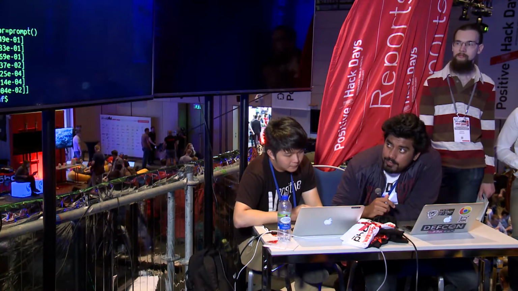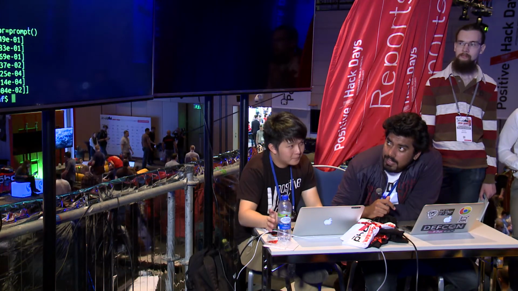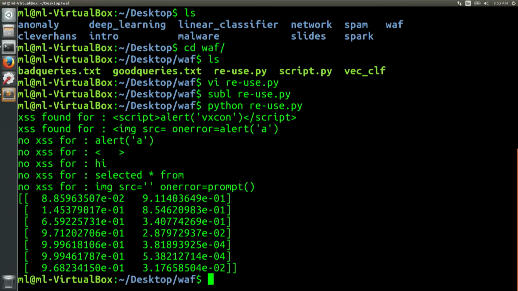As you can see right here, it found that the first two items in the list are XSS payloads, and the rest of them are not. We'll go into detail on how the algorithm determines this, and we will find ways to bypass this too.